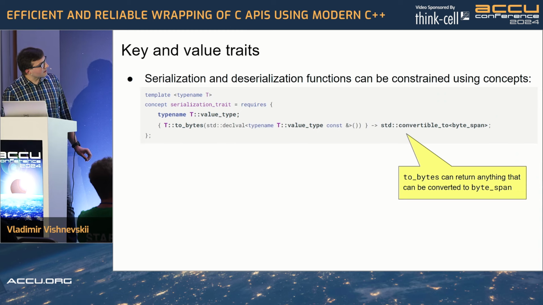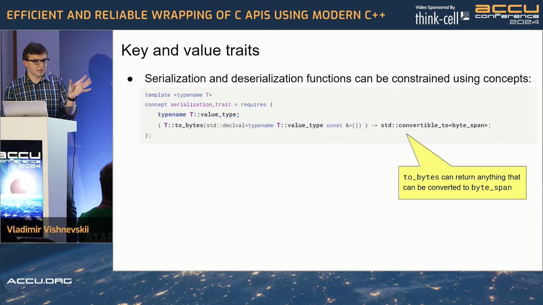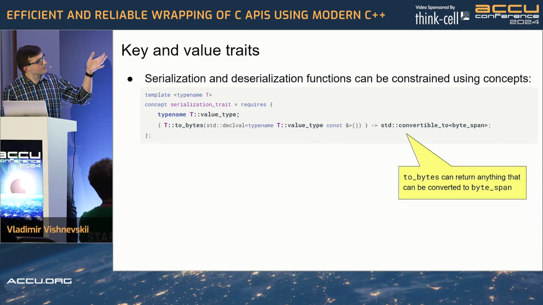This allows us to benefit from our generic approach, because for trivially copyable data, we can just use the byte view of this object. But for the more complex types that require some memory allocation, we then can still use the same code.